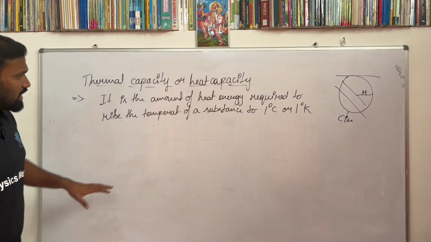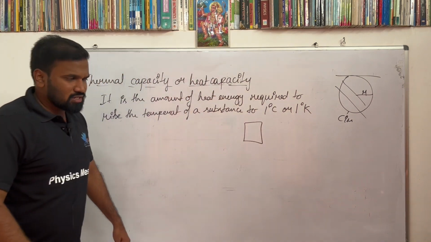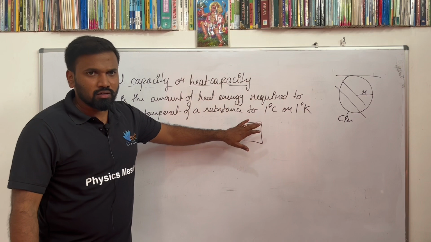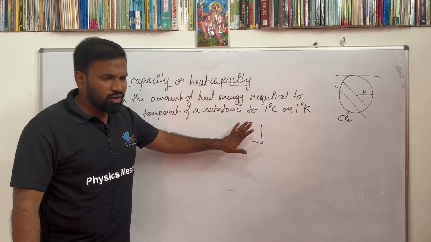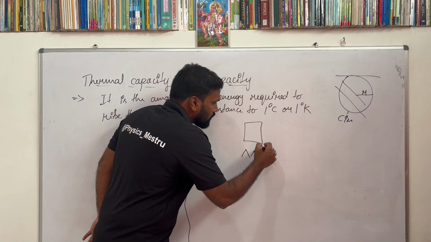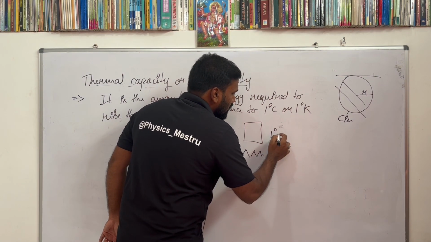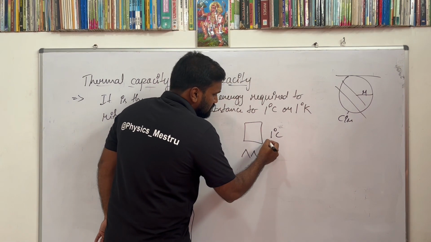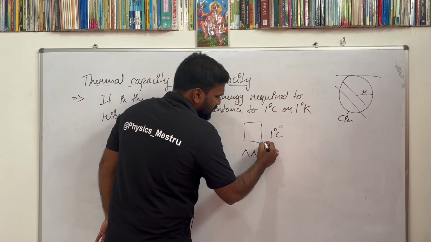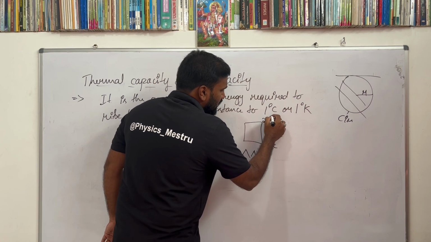Consider any substance, any object, let it be solid, liquid or gaseous, water, copper, aluminum, iron, any object. If you want to raise the temperature by 1 degree Celsius or 1 degree Kelvin, consider the initial temperature to be 23 degrees Celsius. I want to raise it to 24 degrees Celsius.